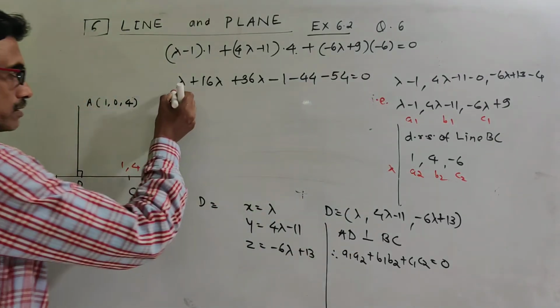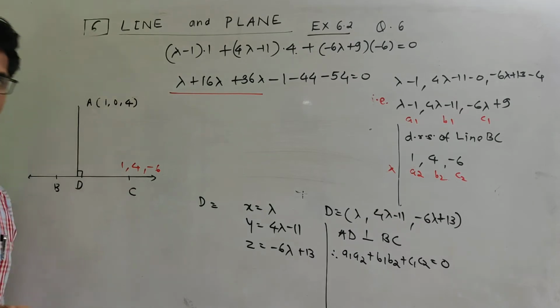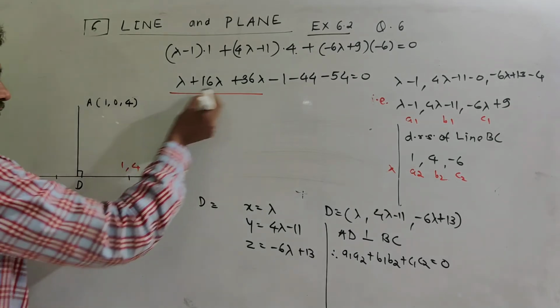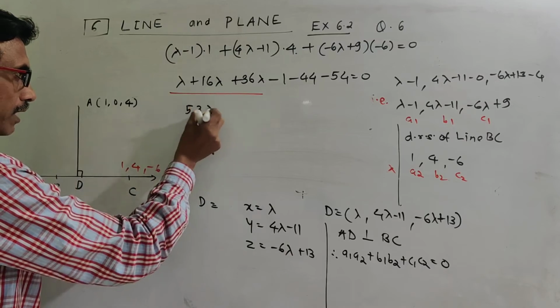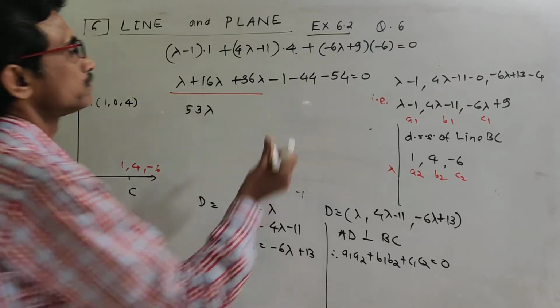So we add this: 53 lambda, and we add this.